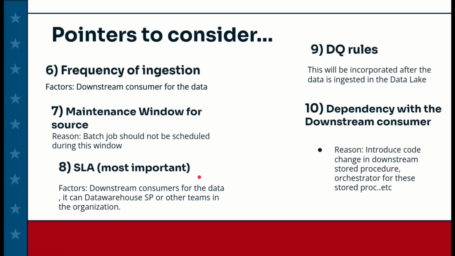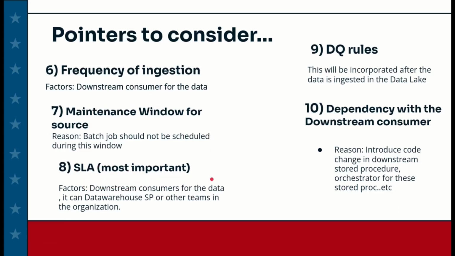SLA is one of the critical points that needs to be considered in requirement gathering, because this is the time by which the data has to be available. Daily refresh data has to be available within this point of time. So the factors affecting this would be the downstream consumers for the data.